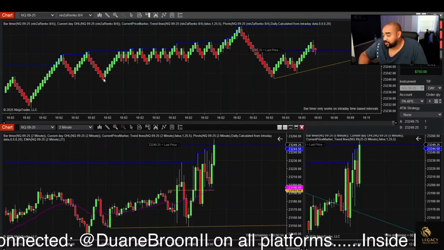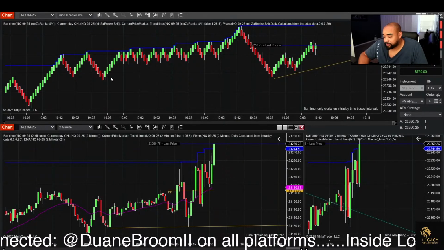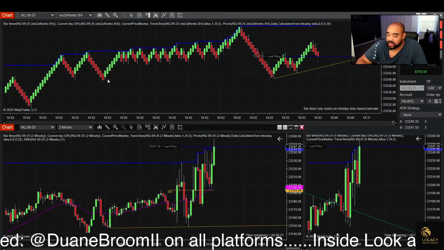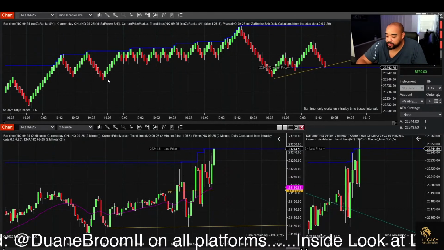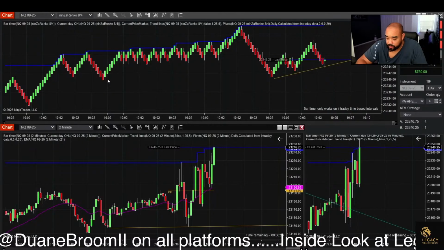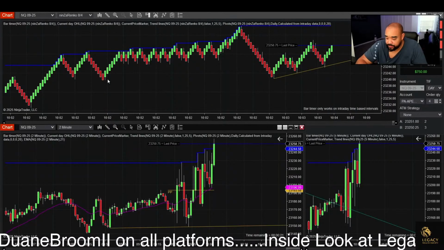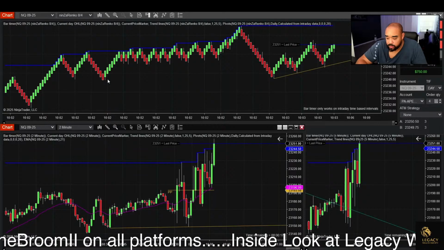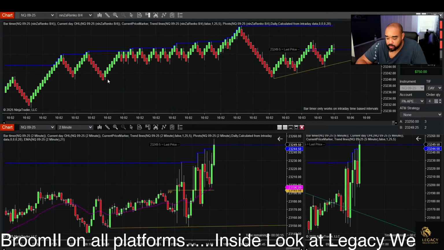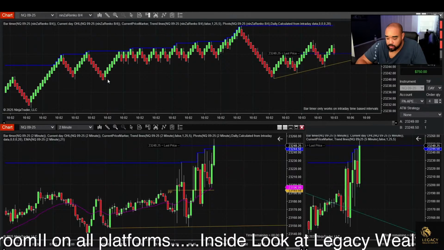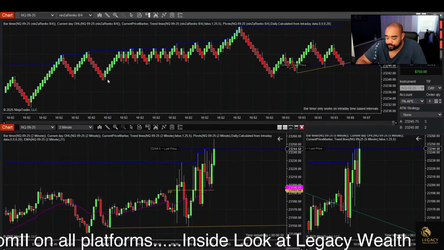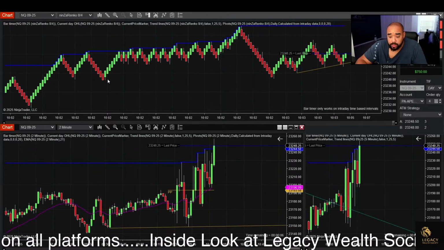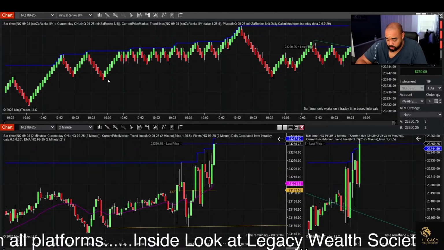Are we close to a pivot point? The next pivot point is at 303. You said 303? Yeah, 303. We're not that far. About 40 points away, I think.